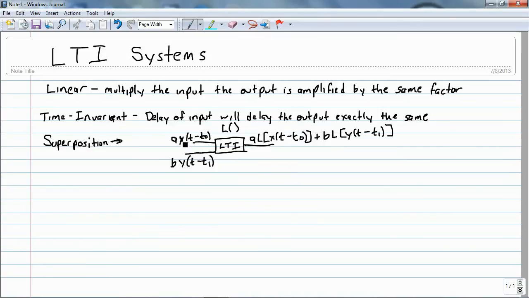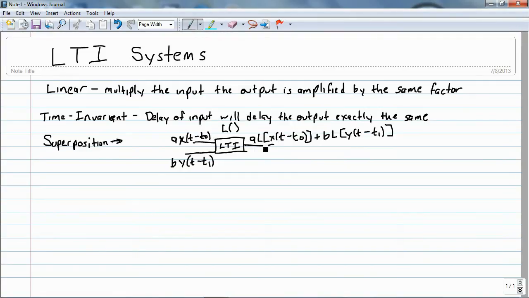Now if the x function was 0, then this first part of the output response would be 0, but it would not affect the second part. And similarly, if the y function was 0, then the response to the x function would exist, but the y function part would not exist.